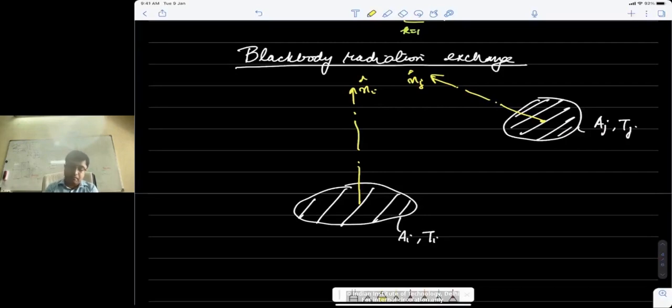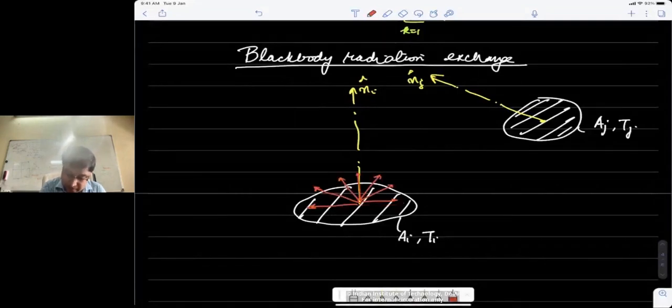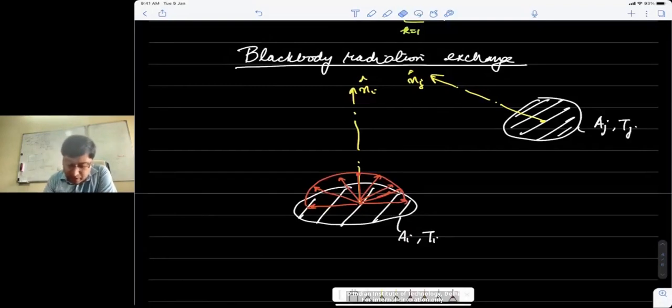Now, because I'm saying these are black bodies, if I plot the radiation on the surface of, let's say, this black body, what we can expect is that the radiation intensity would be the same. It's a black body, so the radiation intensity will be the same. It's a diffuse emitter. So the surface will be a diffuse emitter.